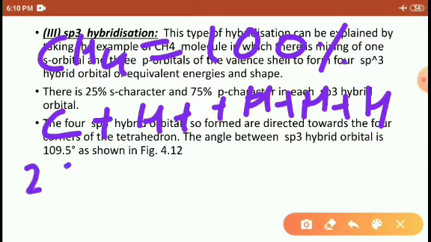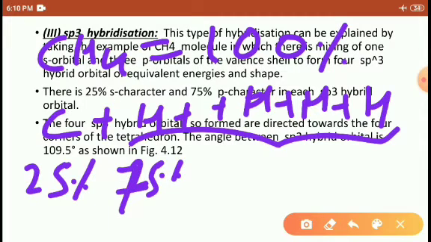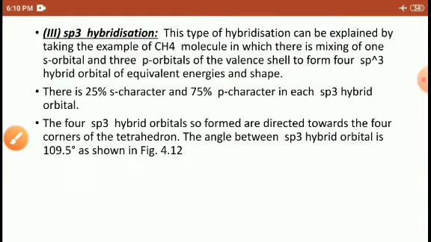So carbon 25% energy, and hydrogen 25% energy, and the remaining hydrogens also 25% each. All the 4 hydrogens are contributing 75% of energy. So total is 100%. Right? So this is the hybridization.